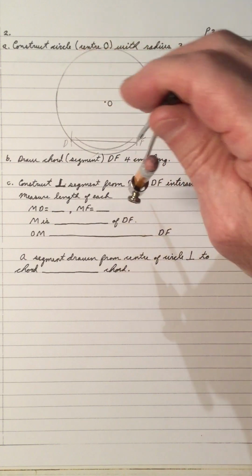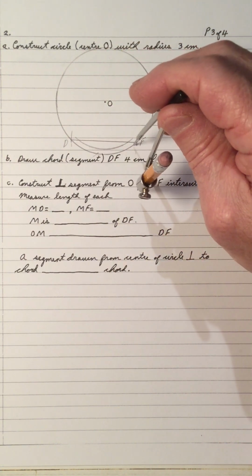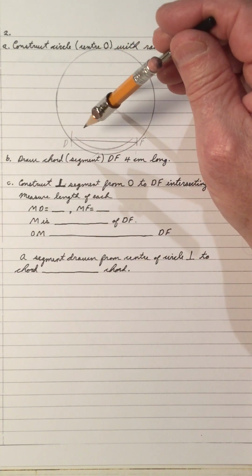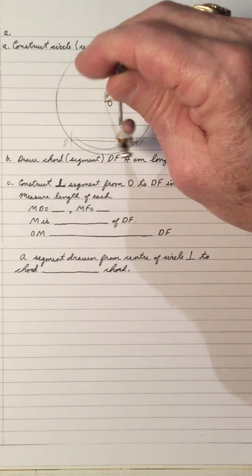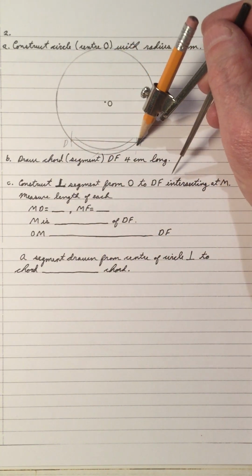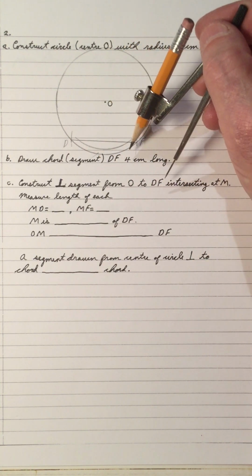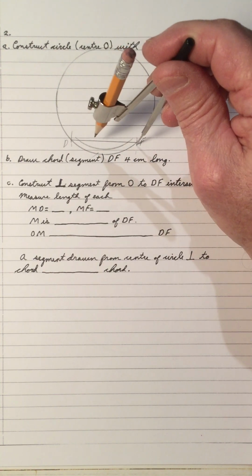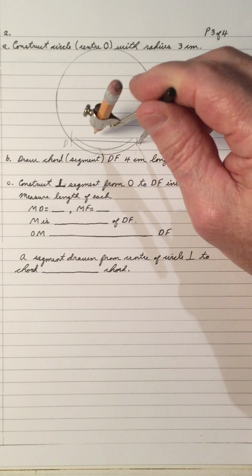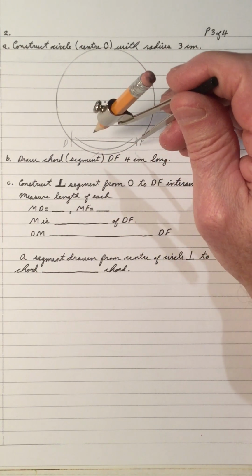Notice that I didn't have to do this arc, because this arc right here would have done, because F and D are on the circle, so OD is equal to OF. So I could have used F and D to draw the perpendicular, or I could do the new arcs.